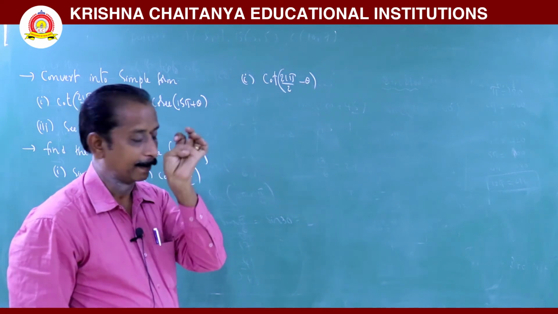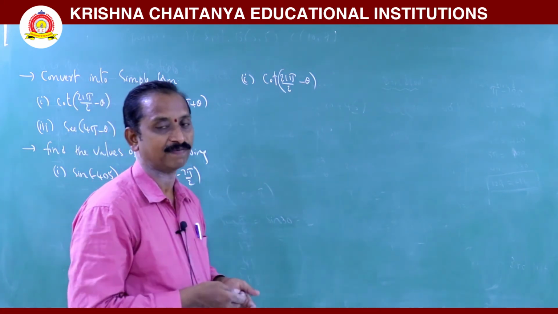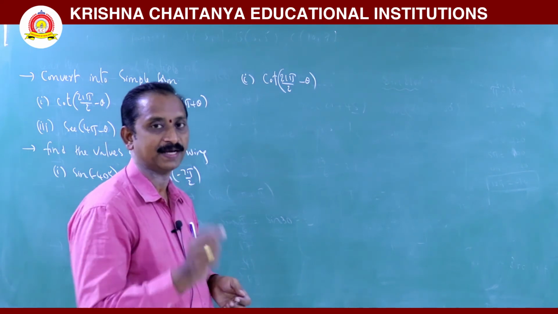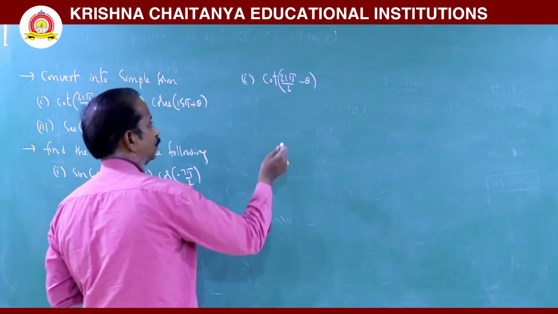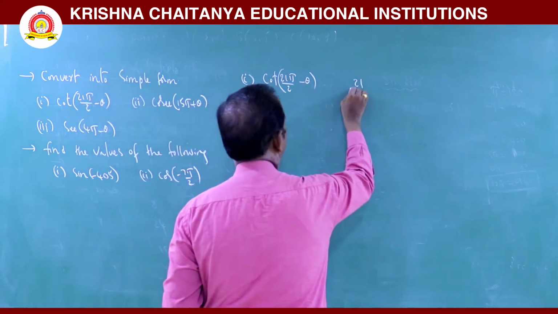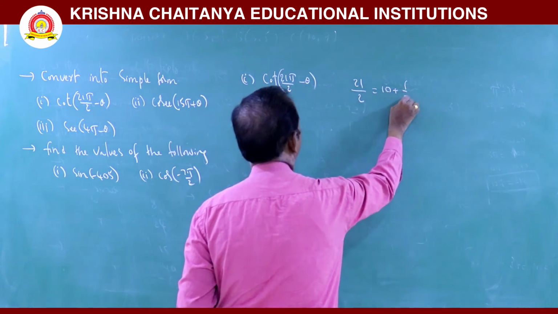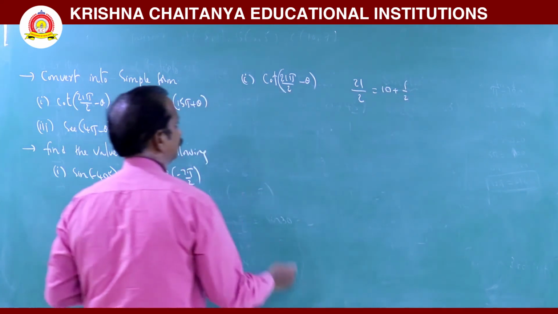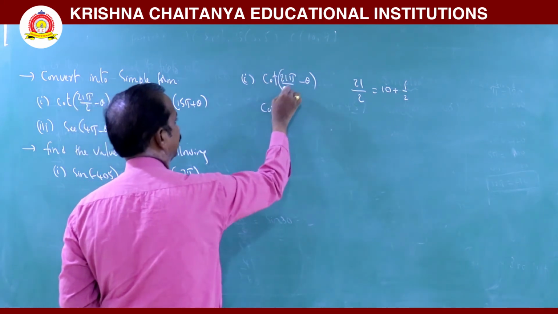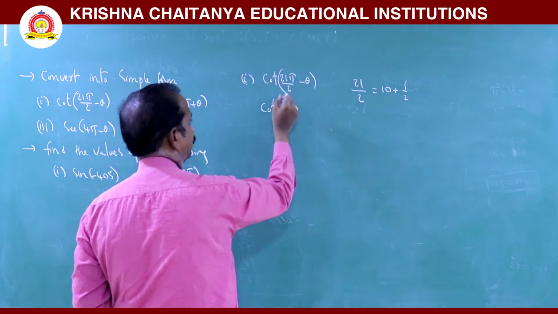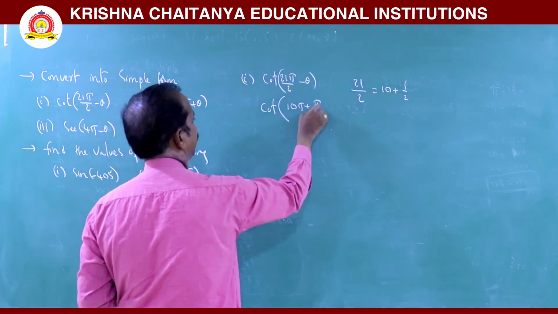It is improper, so make it proper. One improper fraction can be expressed as a whole number plus a proper number. So 21 by 2 I can write as 10 plus 1 by 2. So I can use 21 by 2 as 10 plus 1 by 2, times pi, which means 10 pi plus pi by 2.